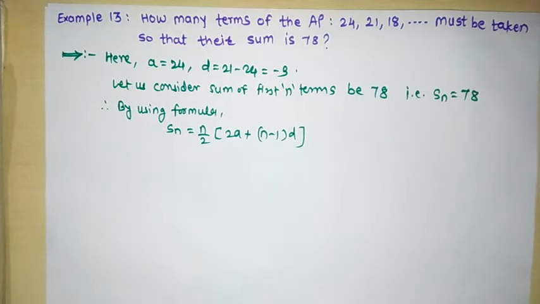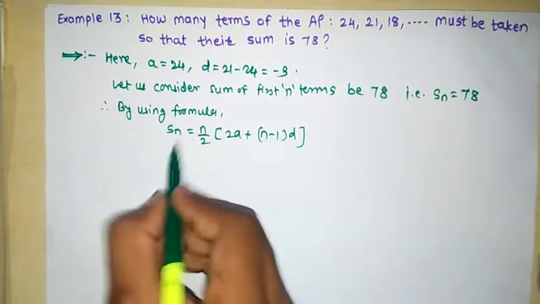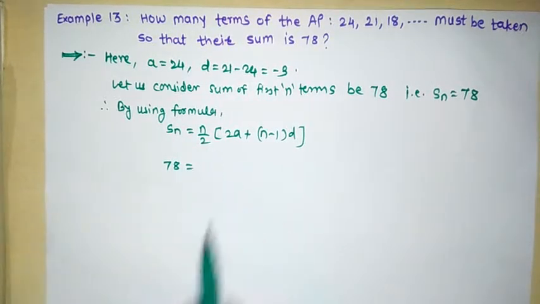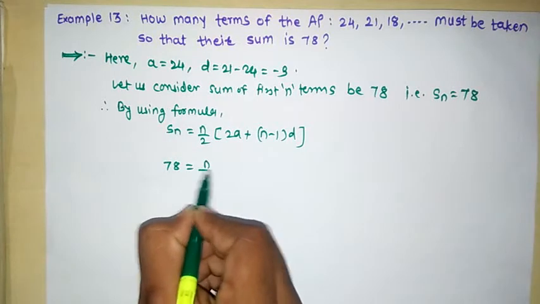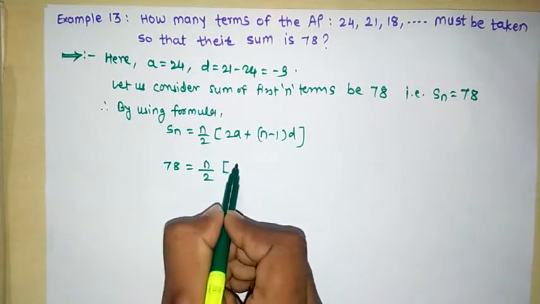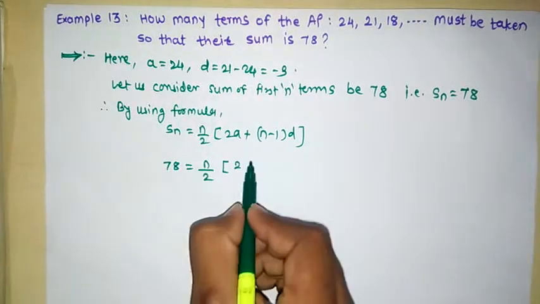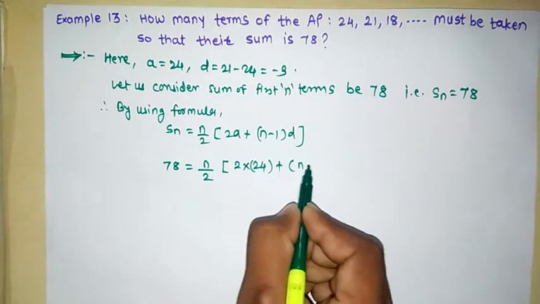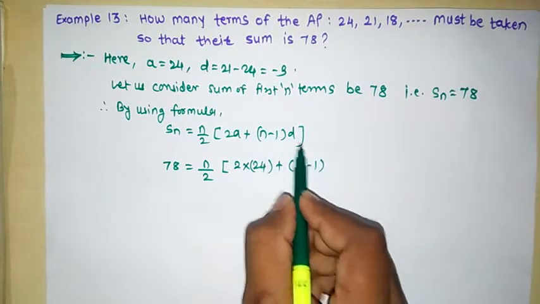Now what is the value of Sn? Sn is 78. Put here 78. We don't know n, because the number of terms n we have to find, so n as it is. Now 2 into a, what is the value of a here? A is 24. 2 into 24 plus n as it is minus 1 into d. What is the d here?